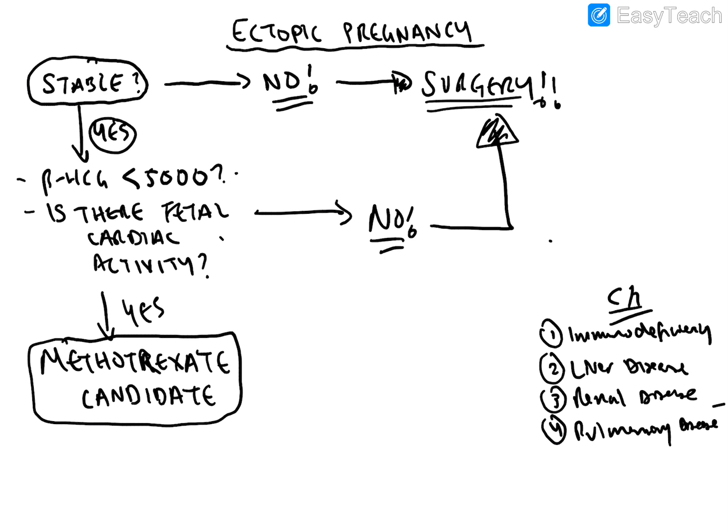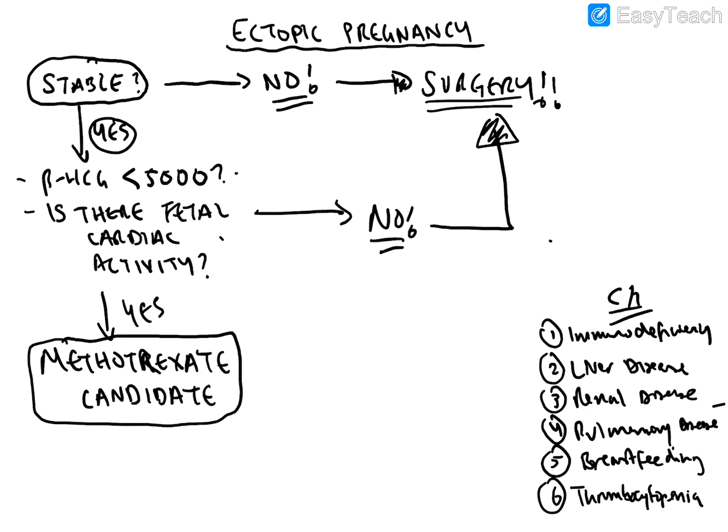Another contraindication is the patient currently breastfeeding, as methotrexate can be passed on through breast milk. And lastly, does the patient have thrombocytopenia, which is low levels of platelets? The normal platelet count is between 150,000 to 400,000 cells per millimeter cube.